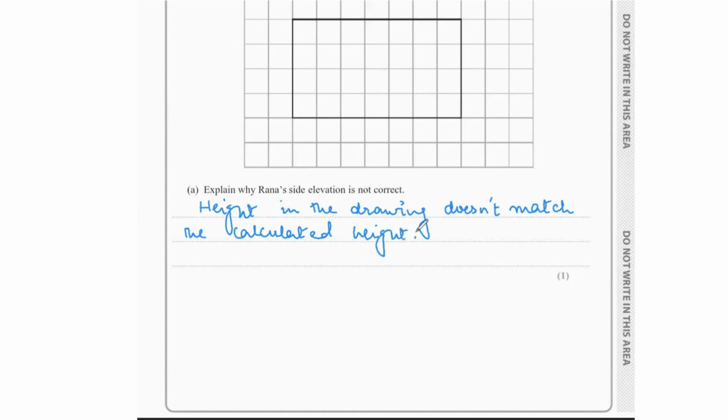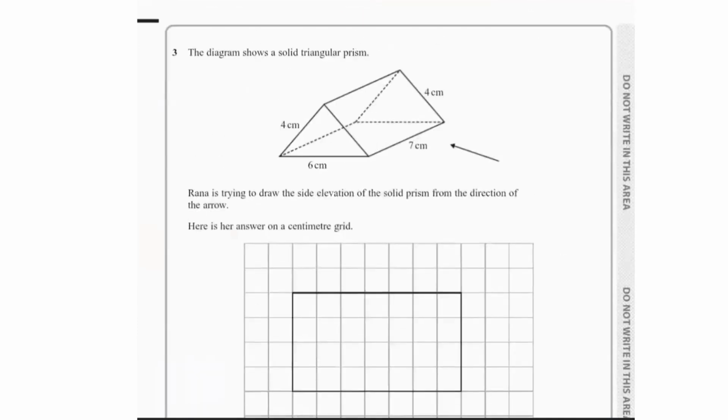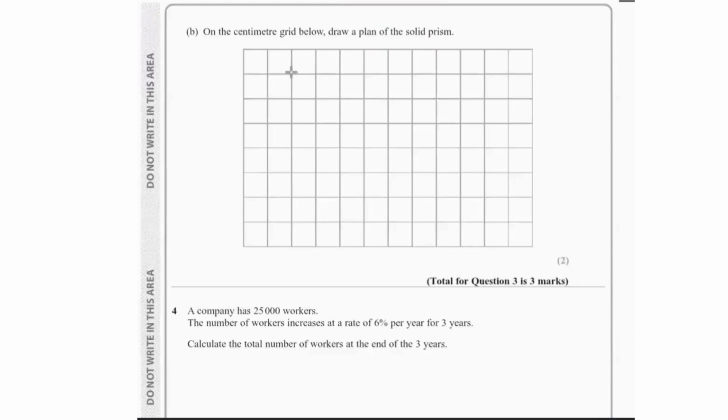That's your answer. Then it says on the centimeter grid below, draw a plan of the solid prism. The view that we see from the top. So 1, 2, 3, 4, 5, 6, 7, 8, and 1, 2, 3, 4, 5, 6, 7.